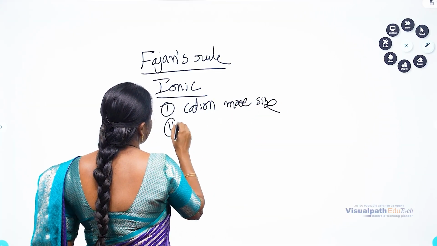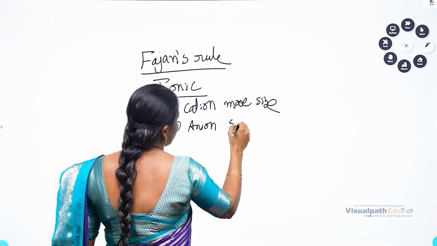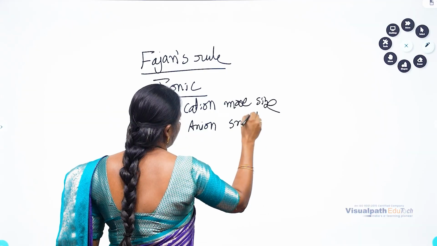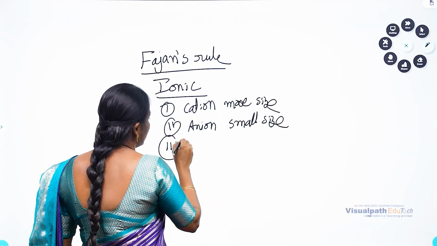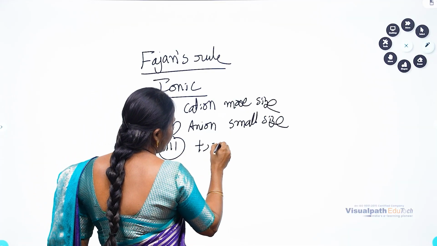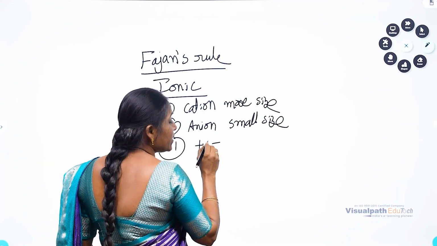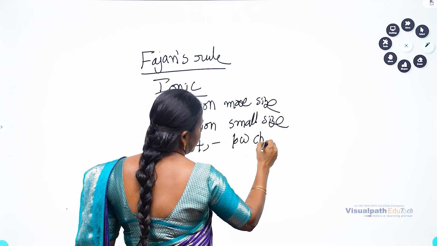The next one is the anion. The anion is small in size. Next, the anion or cation, either one or both, has low charge.